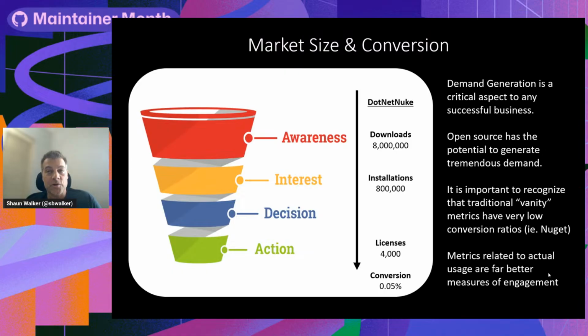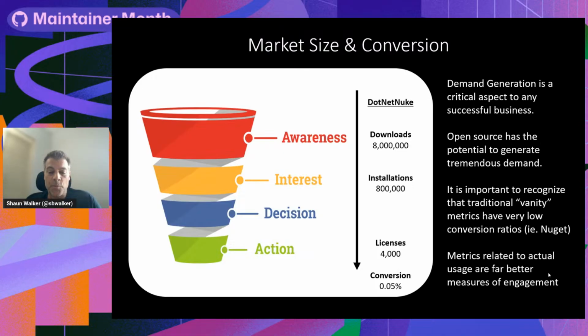The actual conversion ratio of open source projects to commercial licenses is very, very small. I've heard a lot of people say you should be able to get 1%. That is not my experience. It's going to be way, way below 1%.